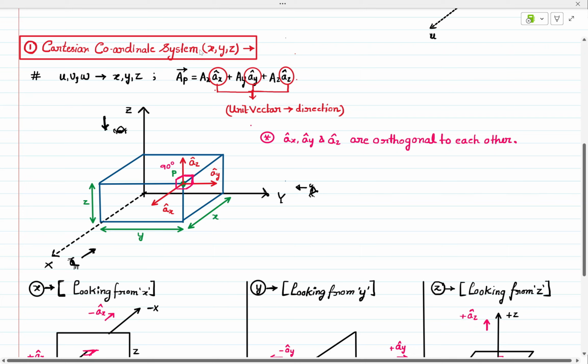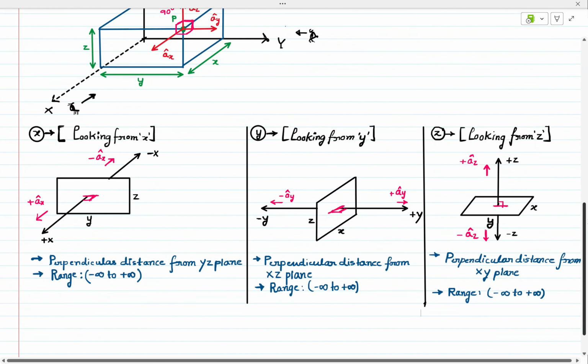You see? Here in the first bracket I have written xyz. This is the xyz definition and the ranges also. Okay.